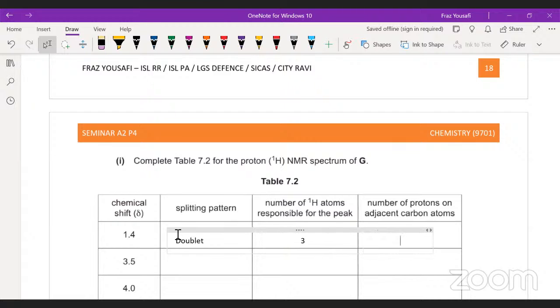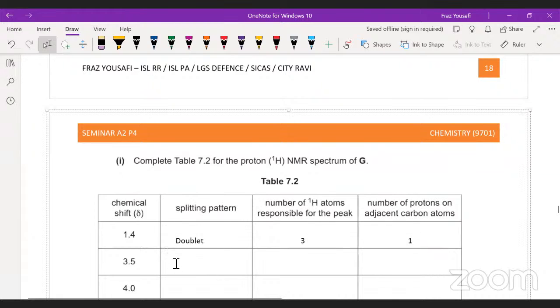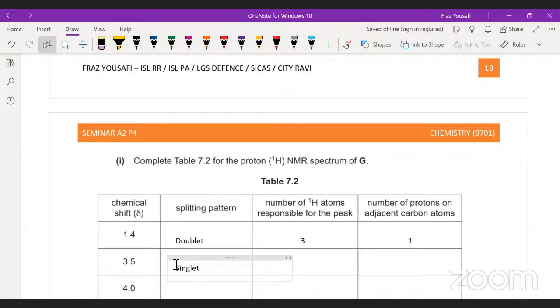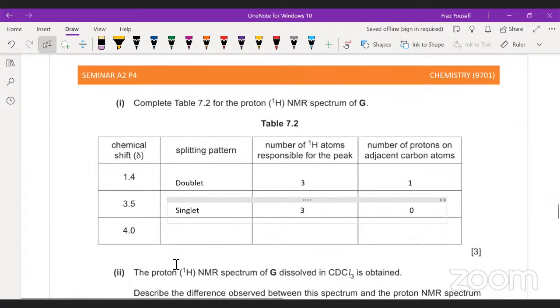Number of protons on the adjacent carbon was 1. At 3.5, we're seeing a singlet. Again, that singlet is a little bit higher because it is also made up of 3 and there are no adjacent carbons. So there's no protons on any adjacent carbons.